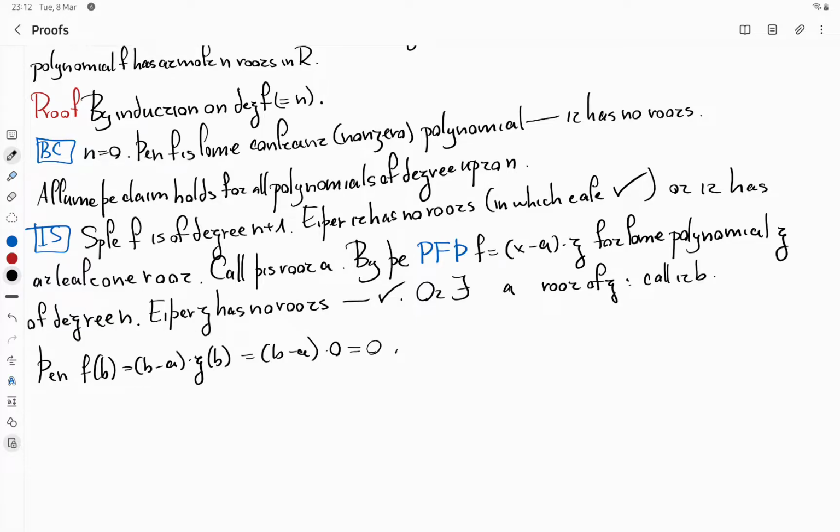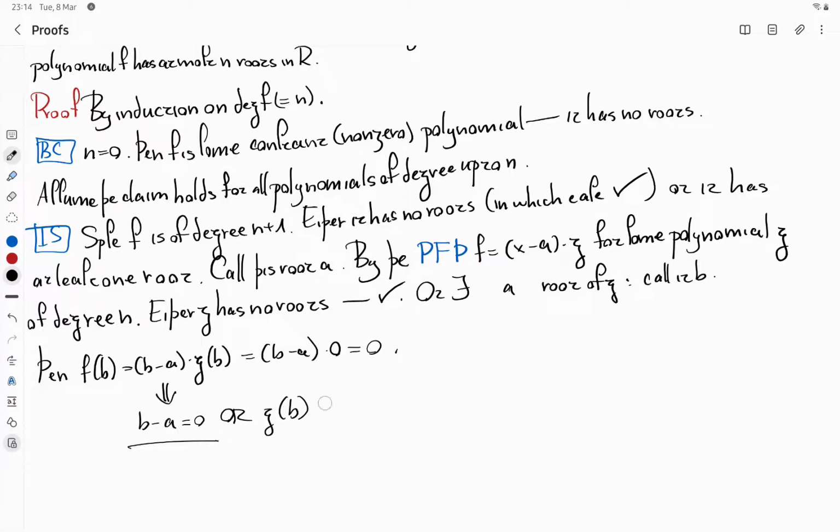Now, because we are dealing with integral domains, this means that either b minus a is 0, or g of b is 0, in other words, b is the root of g. Now, if this holds and this doesn't, this means that there don't exist any more roots. There are only two.